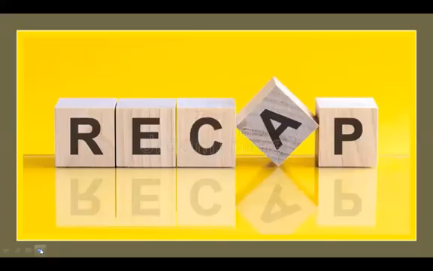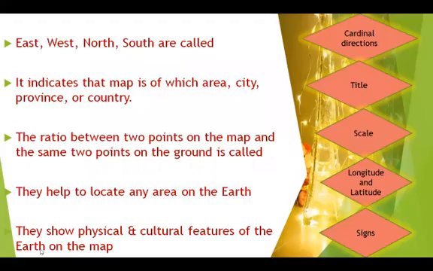Now the time is for recapitulation. Here are some statements, and with the help of these statements, students, you will have to identify the correct element of the map, and this activity will help you to assess your learning scale.